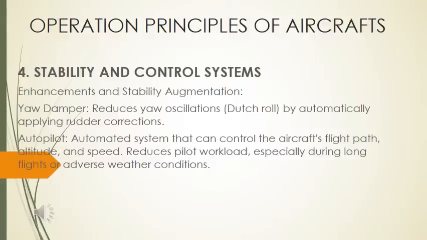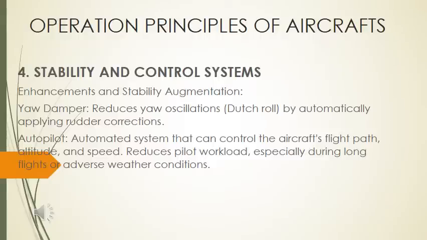Next is the autopilot. Autopilot, this is very important. It is an automated system that can control the aircraft flight path, altitude, and speed. It reduces pilot workload, especially during long flights or adverse weather conditions.